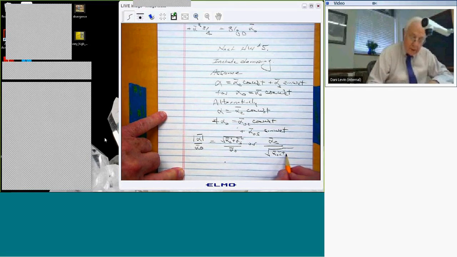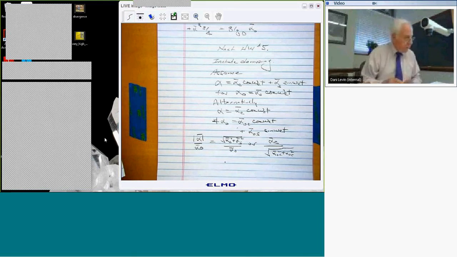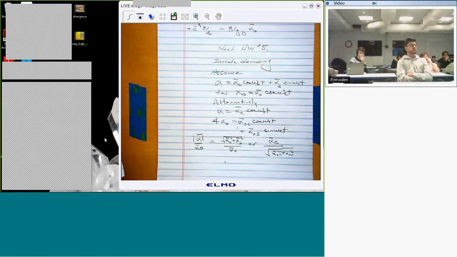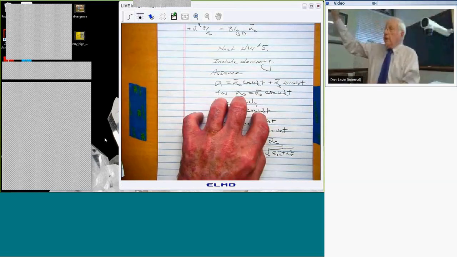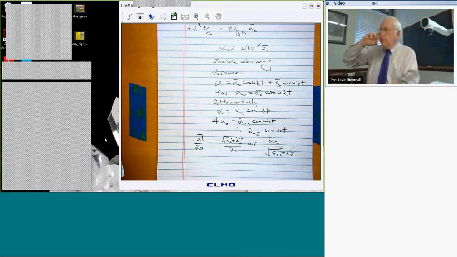Either way, you should get the same answer, right? And hopefully will. But then when you do the time simulations, you can always check that the time simulations give the same answer. And this isn't exact because remember we neglected the third harmonic, so the numerical simulation won't be exactly the same as the other.